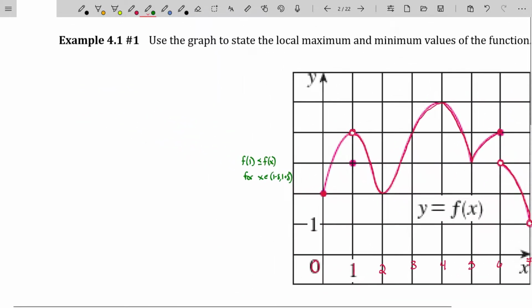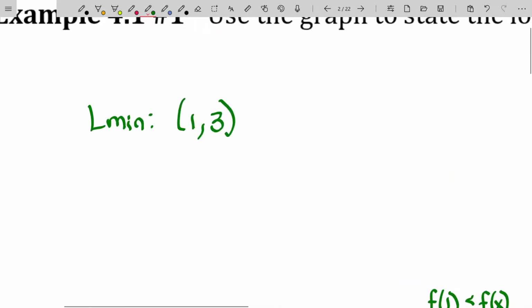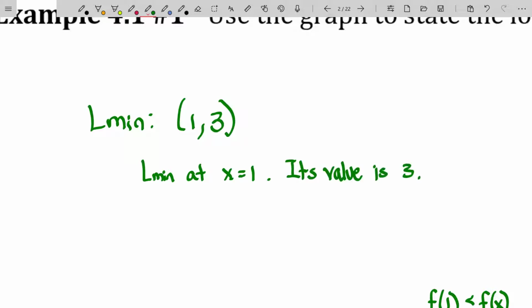So I'm going to write that off to the side here. Local minimum, L min, is the point 1 comma, and let's see what the y value is. That's 1, 2, 3. 1 comma 3. So we have a local minimum at x equals 1. Its value is 3. In fact, that's kind of important. So I'll say local min at x equals 1, its value is 3.